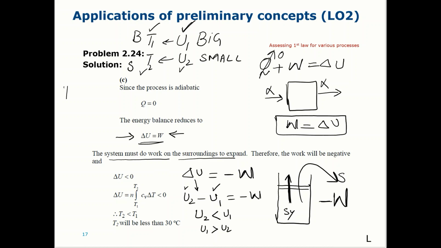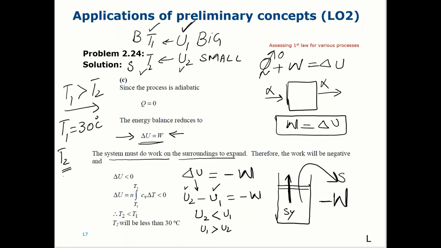So if T1 is greater than T2, what does it mean? Temperature is decreasing or increasing? Temperature from initial stage, from T1 to T2, it's decreasing. What is T1? T1 is 30 degrees Celsius. So what should be T2?